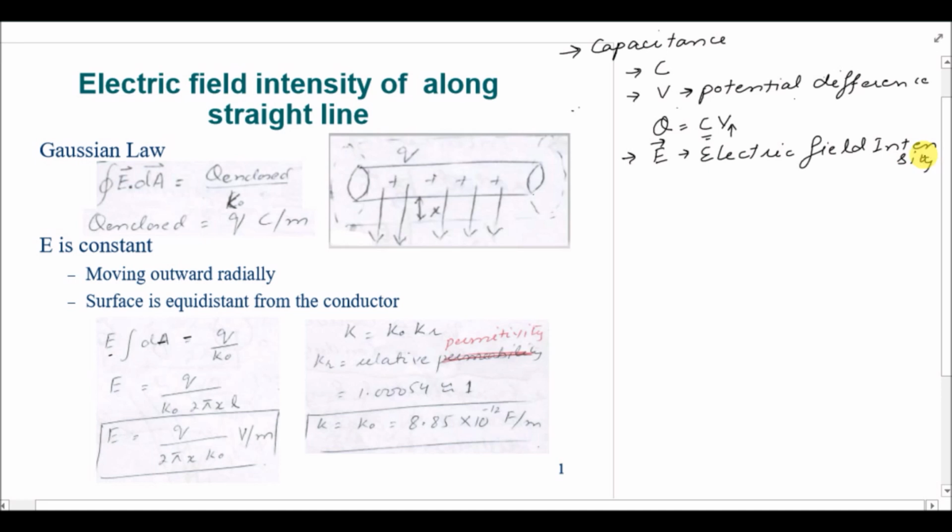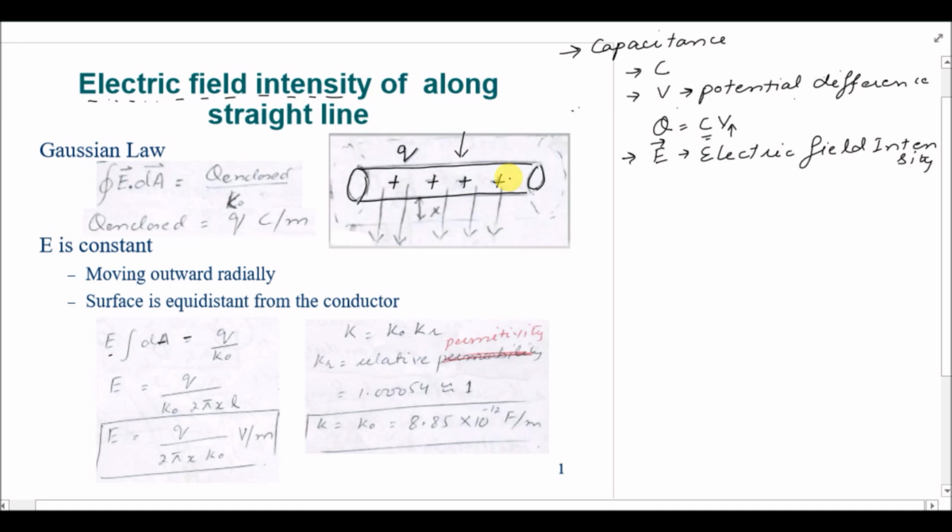So in today's lecture, we are going to find the electric field intensity of a long straight line, which is actually the overhead conductor. As a starting point, we are considering a cylinder, which is the representation of a conductor, and we know that the charge is displaced over the conductor, so there is no electric field inside the conductor.